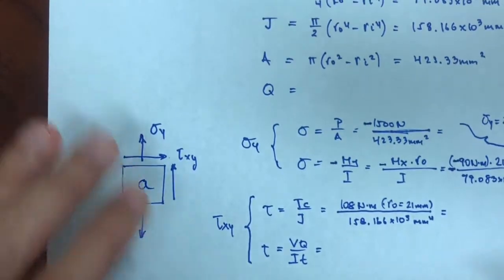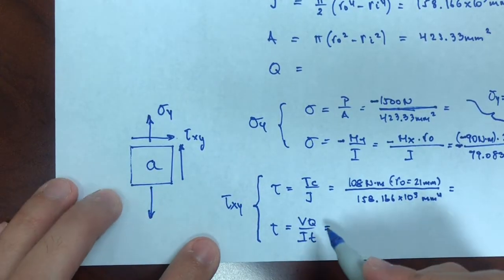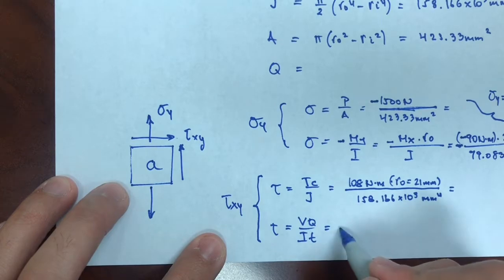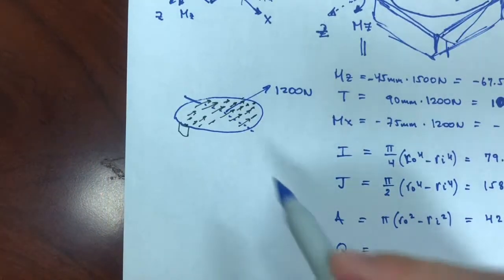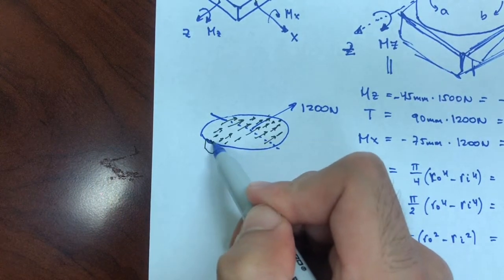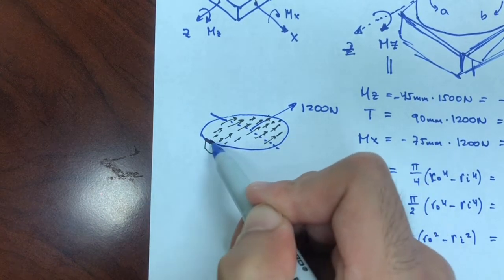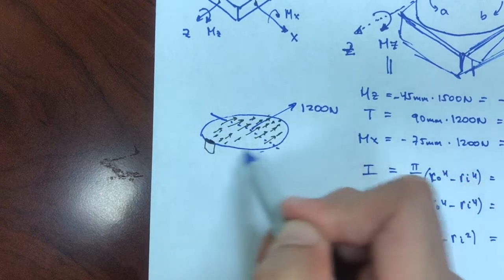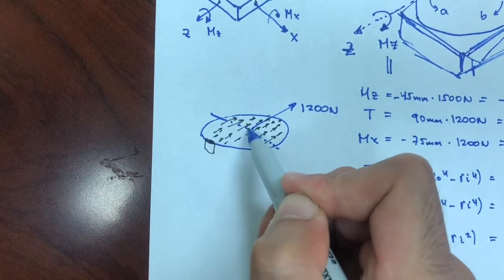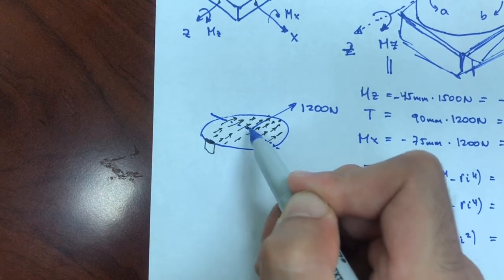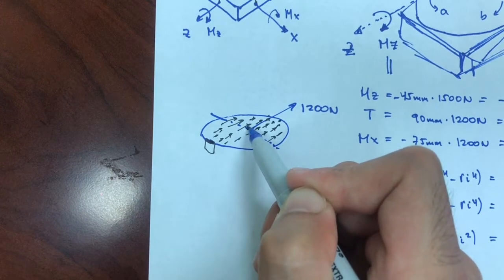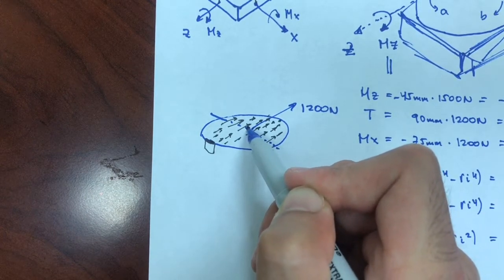So basically what I'm saying here is that for A, the tau xy is only due to torsion. This would be 0. Why? Because if I stand here, I would have a shaded area to the top of this, which would be 0, or a shaded area towards the other side, which would be the whole circle, times the distance from the centroid to the centroid, from the neutral axis to the centroid of that shaded area, which would be 0.